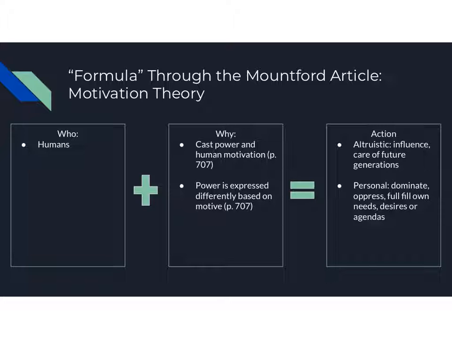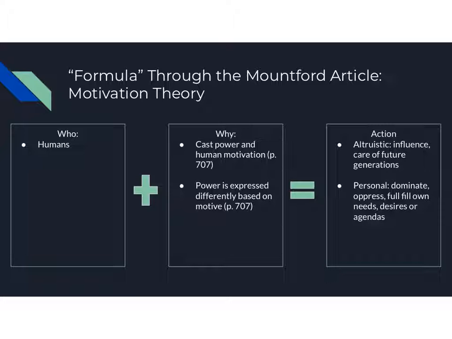So again, we're looking at this as a lens through motivation theory. So here, the who would be the humans. The why, on page 707, they talk about how people are motivated by caste power and human motivation, and also power is expressed differently based on a person's motive.